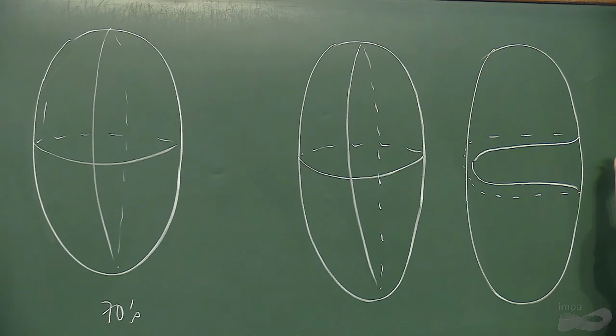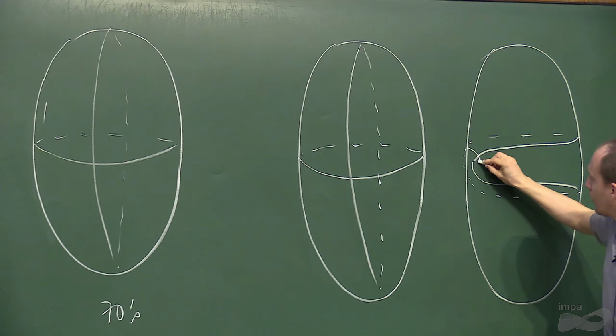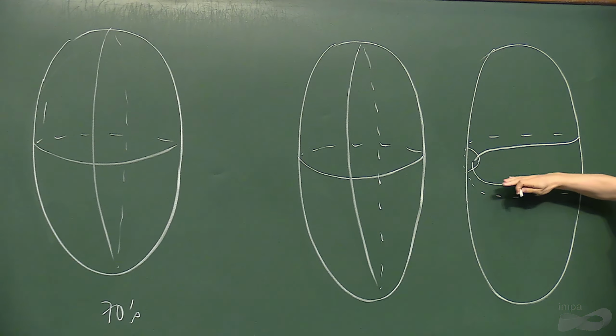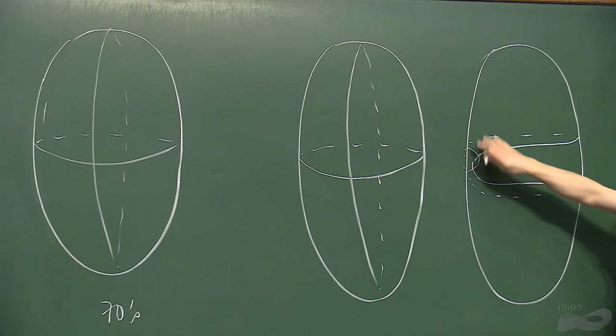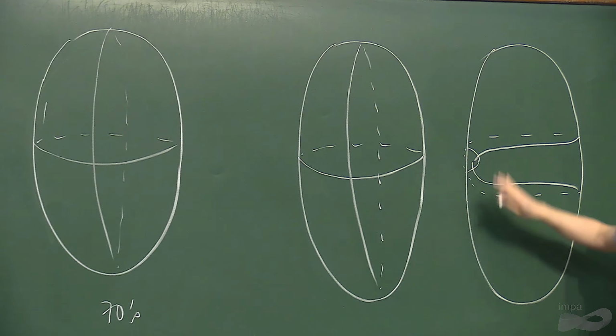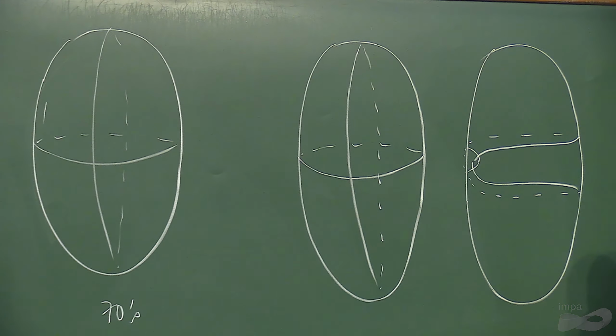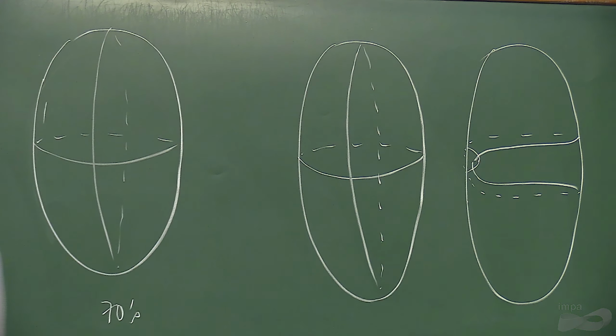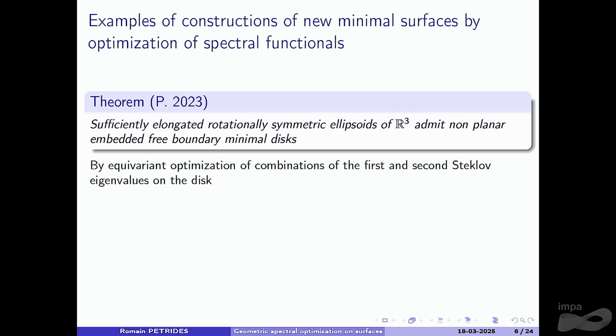I put the trace on the boundary of my surface, and I have two disks that are connected by a kind of half catenoid here. So that's the kind of solution you have for sufficiently elongated ellipsoids. So it's an indirect method to construct minimal surfaces.